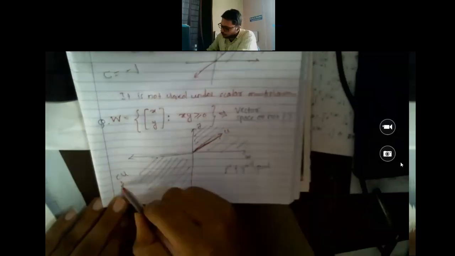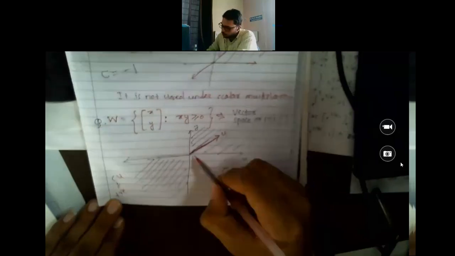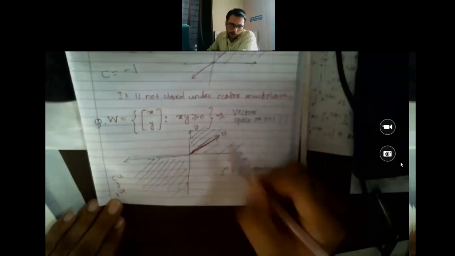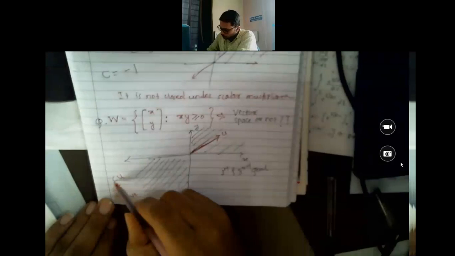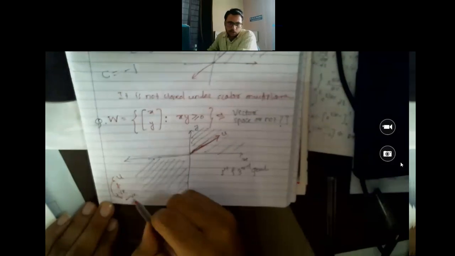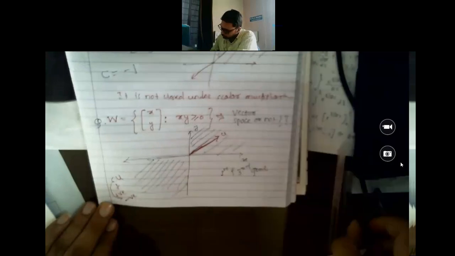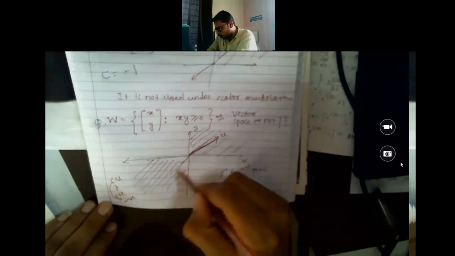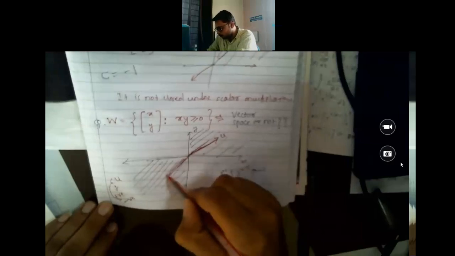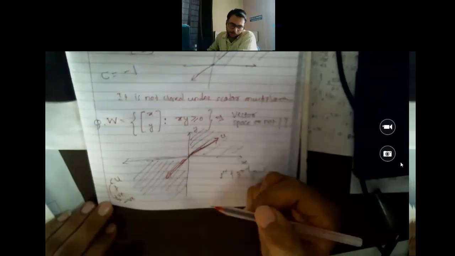If I take c as a positive number, my u will be in the first quadrant only. If I am taking c as a negative number, in that case, what will happen? My vector u will be in this quadrant, depending on c's value, it will be somewhere in this quadrant. Okay, are you getting this point?